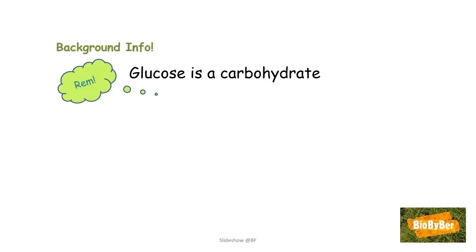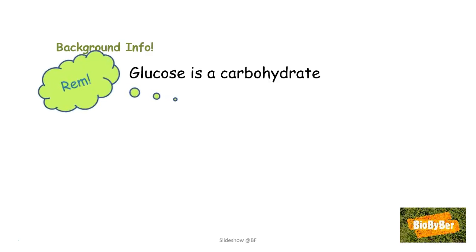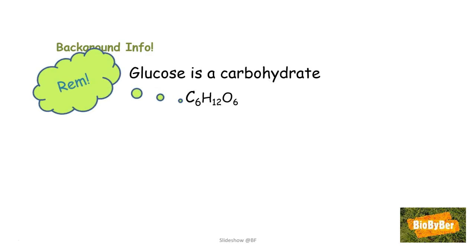Let's go. Before we discuss the main events in photosynthesis, let's look at a bit of background information. Glucose is a carbohydrate. Do you remember the formula? C6H12O6. It is a carbohydrate because it contains carbon, hydrogen and oxygen.